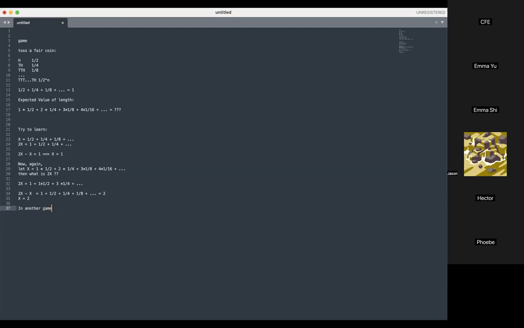In another game, say we're still tossing a coin, and if we get an H, we won't stop there. We will throw again, and it may be T, or it may be an H again. Only if we throw 2 H consecutively, we stop.